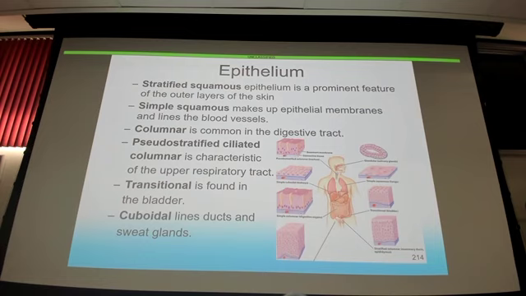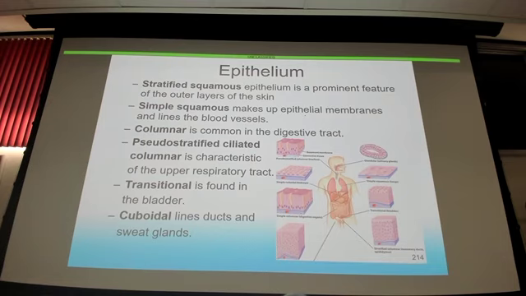So this is where I want you to pay attention to where you find them. Stratified squamous, we often think about it as our outer layers of skin. Simple squamous makes up epithelial membranes that line blood vessels. Now, you might say, well, stratified squamous, forget about keratinization and all that, but no, don't forget about that.